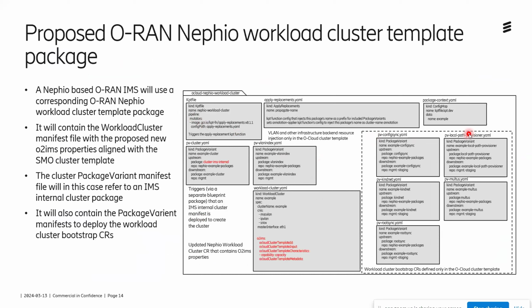So here you have those things like the config sync YAML and everything you need to deploy for global settings in your workload cluster once it has been created. That will be then in the OCloud cluster template. You don't need to have those manifest files at all on the SMO side, because it is not the SMO Nephio cluster that is deploying those parts, and it's done on the IMS side completely.